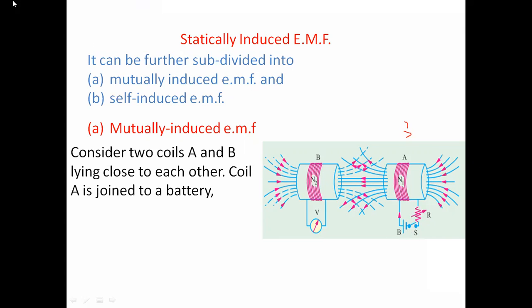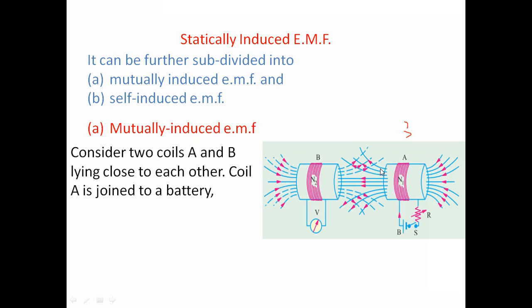Now we will close the switch. Then the current will flow through this coil, and whenever current flows through this coil, it will produce magnetic flux.